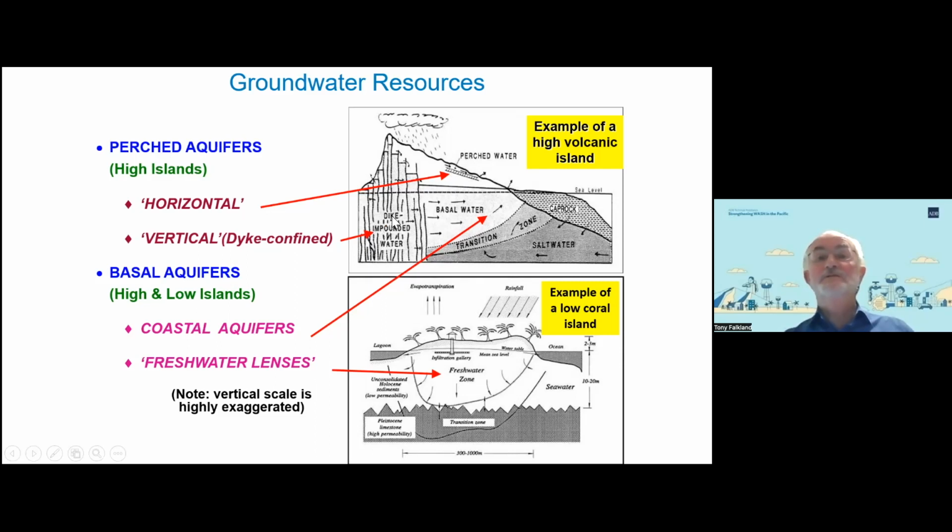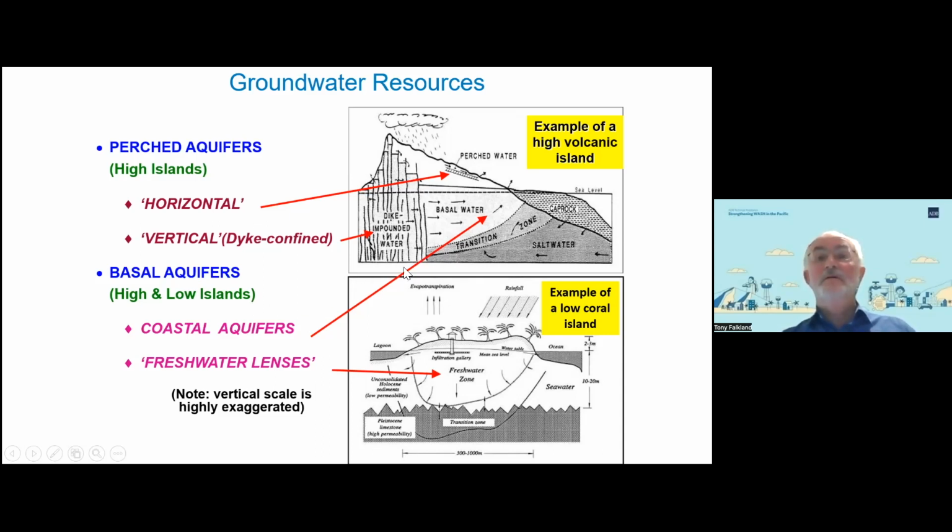These do occur in some of the islands in the Pacific. In terms of the basal aquifers, you have coastal aquifers which occur around many of the high islands, where basal aquifers are in contact with underlying seawater.